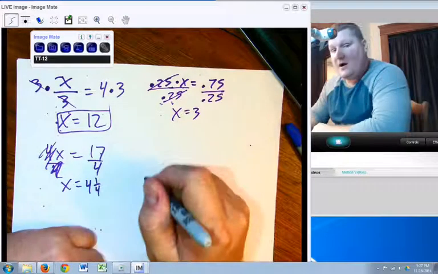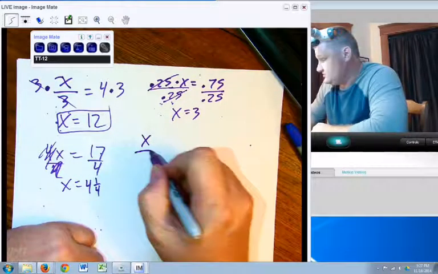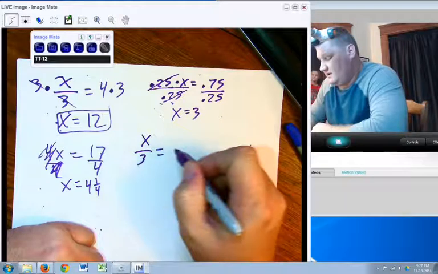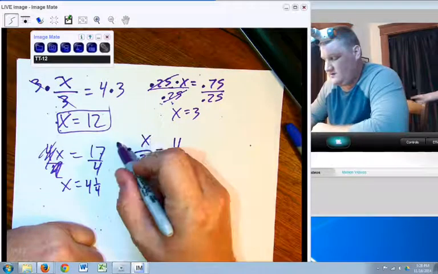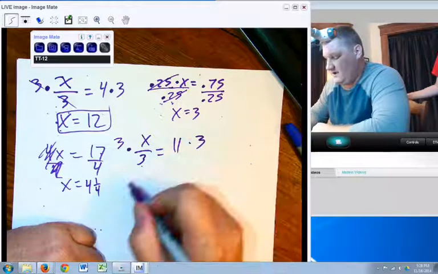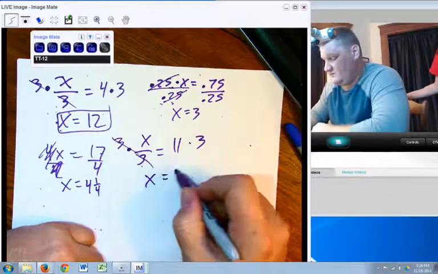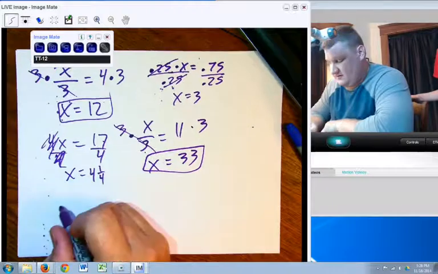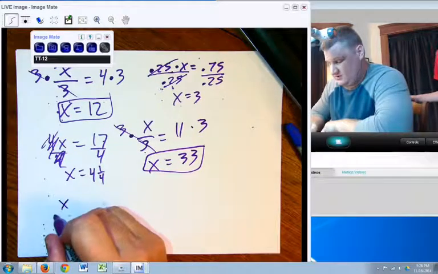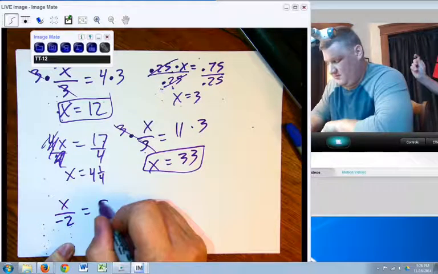Let's do a couple more division problems, though. x over 3 equals 11. Well, again, I have divide by 3, so I'm going to multiply. Those go away. x equals 33. I could also do it with negative signs. I could say x over negative 2 equals positive 5.